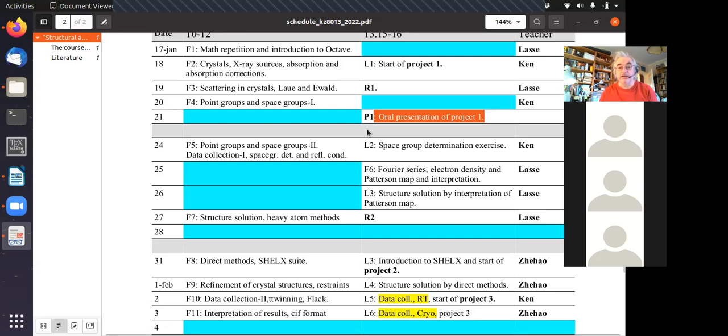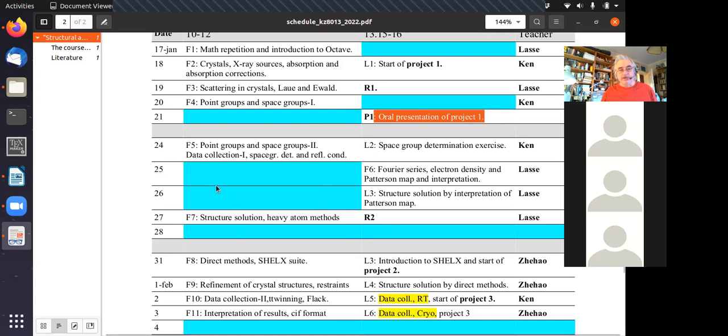Until then, the idea is that everything is online. Mainly due to pandemic situation and corona and such things, but I think it could be done online with a calculation intensive course like this one.